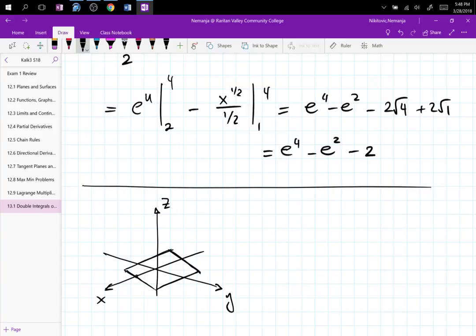On the x-axis it goes from negative number a to positive number b. On the y-axis, this is actually not a good drawing.